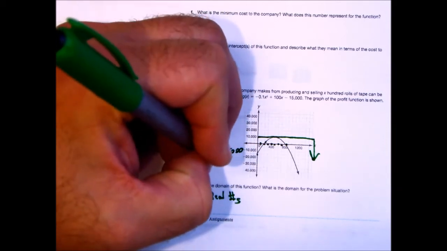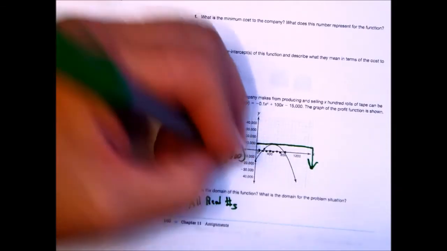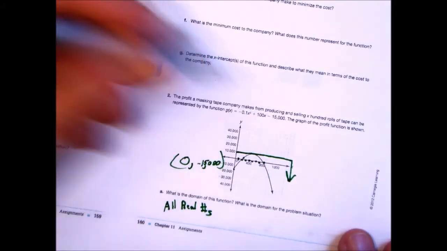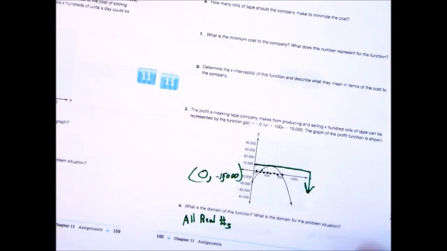That's where my x is 0. So we have the y-intercepts, the x-intercepts, and when you will make a profit. And we said we're making a profit as long as we get above 0 and until we come back to 0.